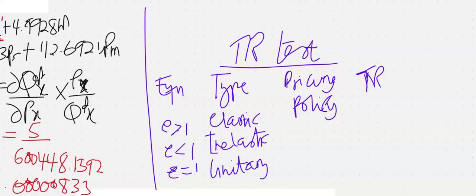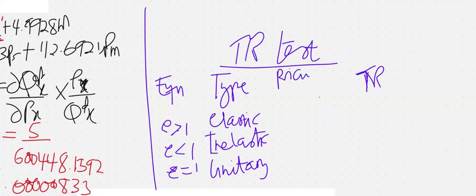So when the business, so let me move this up. Pricing policy. So when a business is operating and we have an elastic demand, the aim of every business is to increase revenue, have more revenue, right?